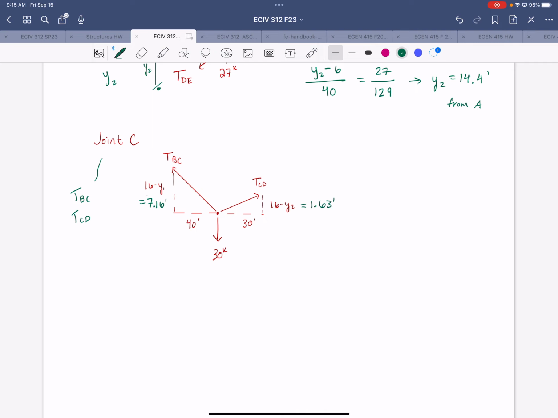And using the geometry with the horizontal distances provided here, we can calculate the segment lengths. So BC would be 40.6 feet, and CD would have a length of 30.04 feet.